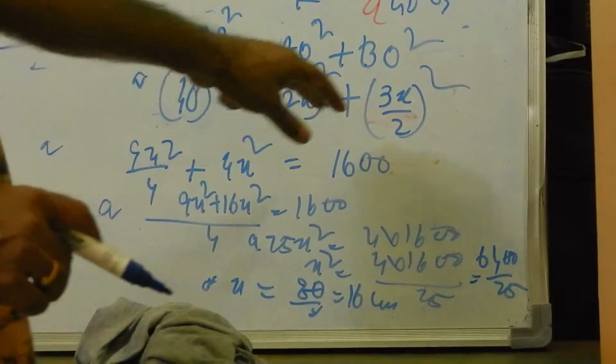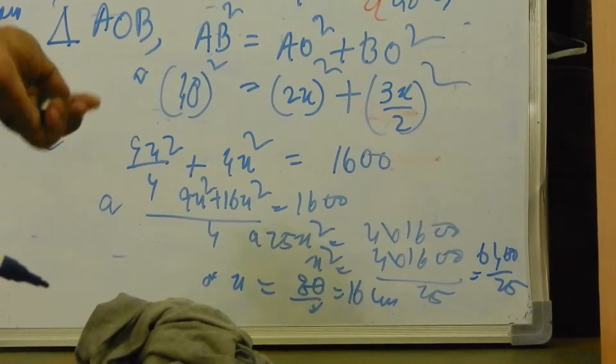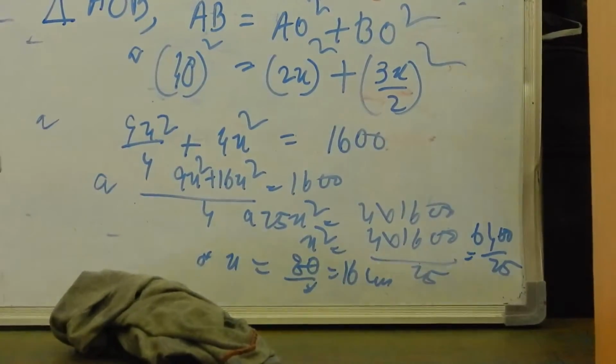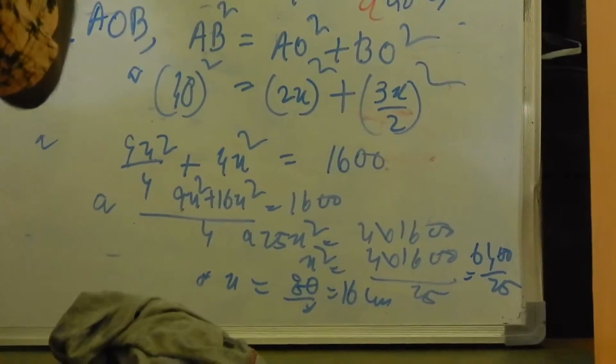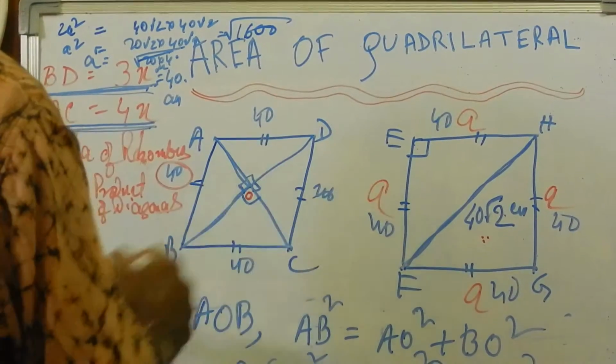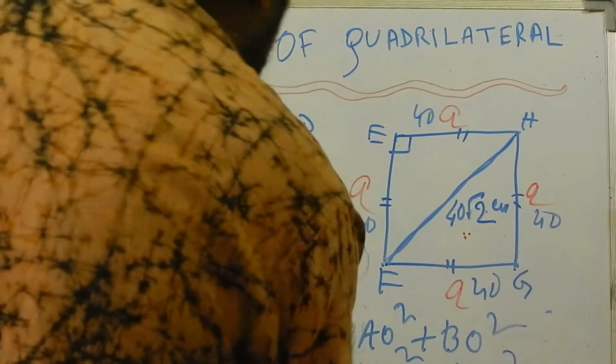So from this equation, simply solving, we got the value of x as 16 centimeter, and we will just put it here and we will get one diagonal, and put it here, we will get the other diagonal. It is very easy now.